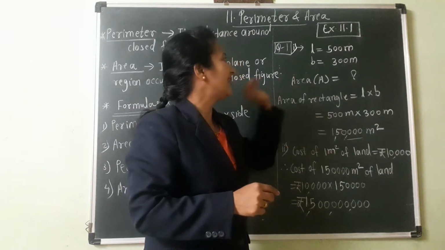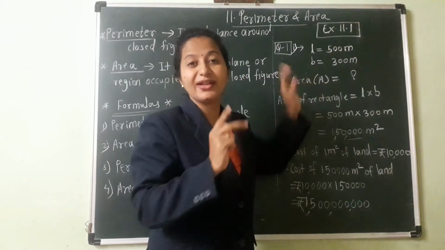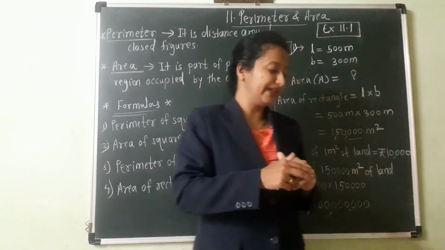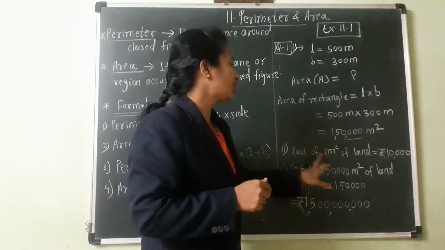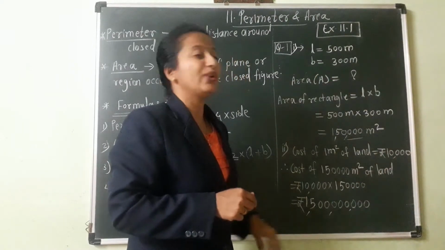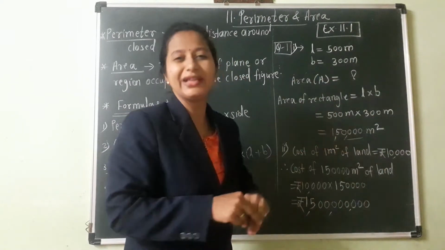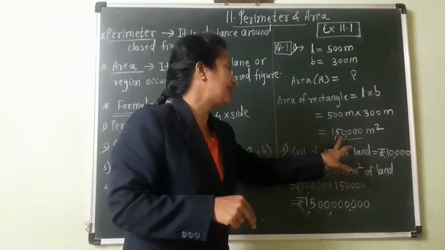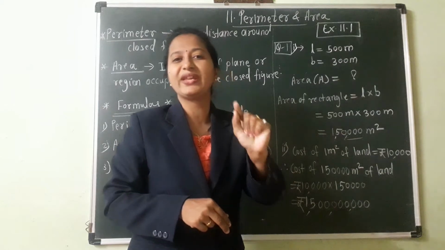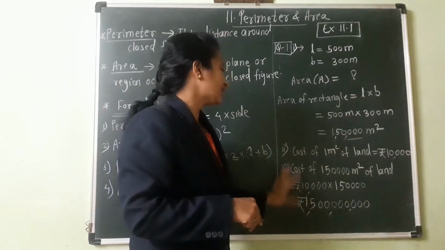Now this is the answer of the first sub-question. Now what do we have to find? They have given the cost of 1 meter square of land, 10,000 rupees, and we have to find the cost for the total area. What is the total area? Obviously 1,50,000 meter square, and the cost of 1 meter square area is 10,000 rupees.